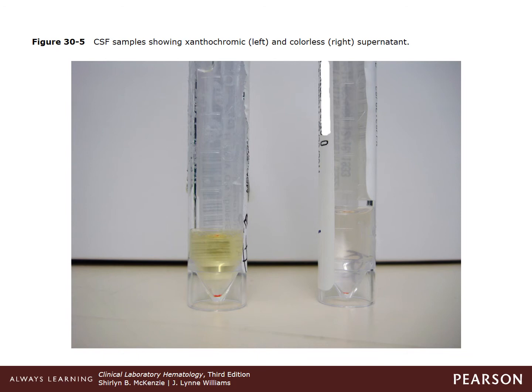The second reason to test CSF in the lab is to detect any subarachnoid hemorrhages. This is bleeding into the space between the arachnoid membrane and the pia mater, which increases red blood cells in the CSF, but you have to ensure you do not have a traumatic tap.